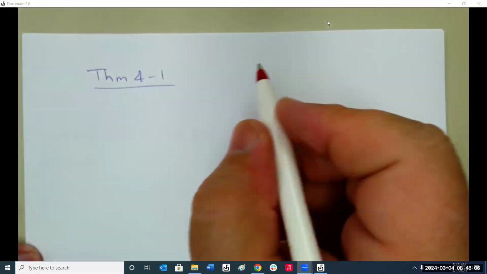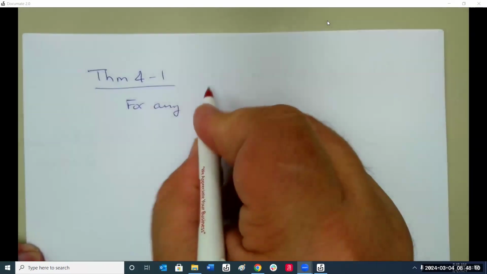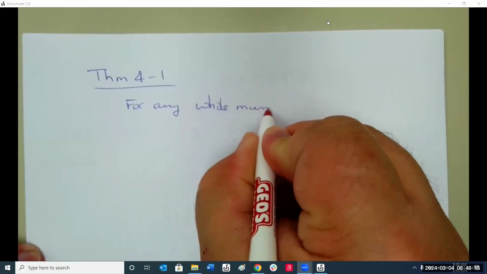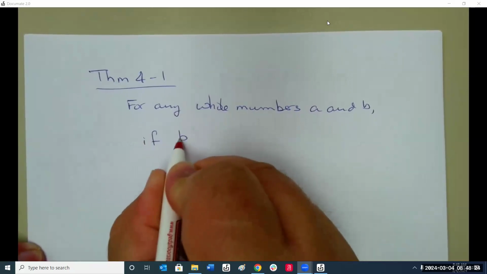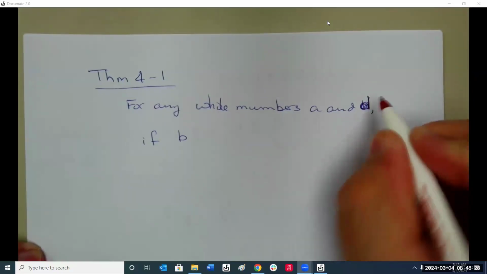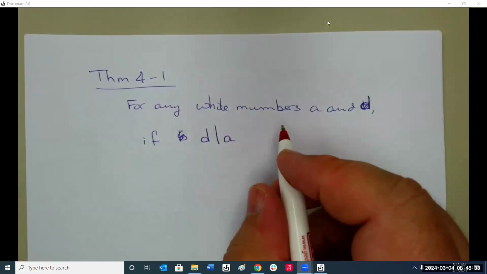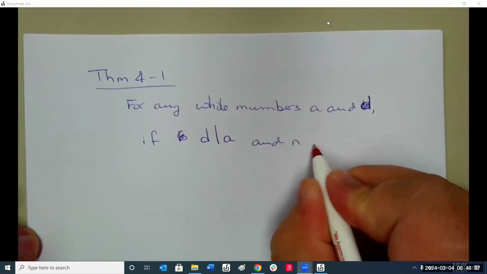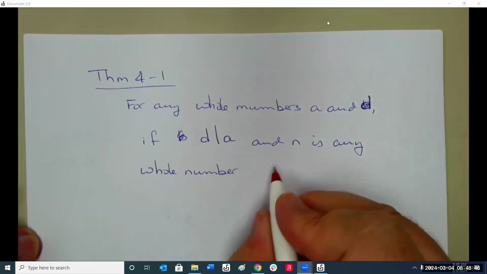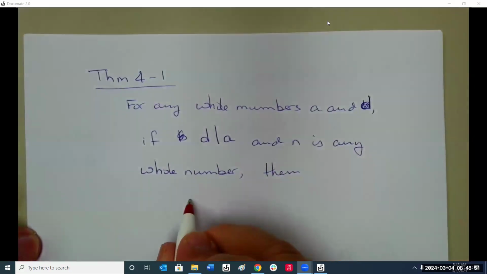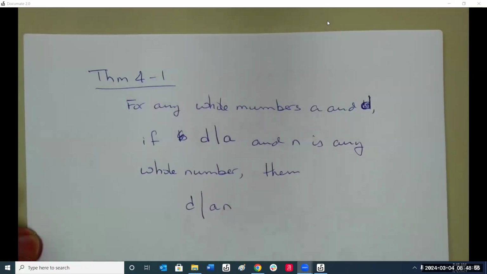For any whole numbers A and D, the divisor, if D divides A and N is any whole number, then D divides A times N. Which is what we were just looking at.